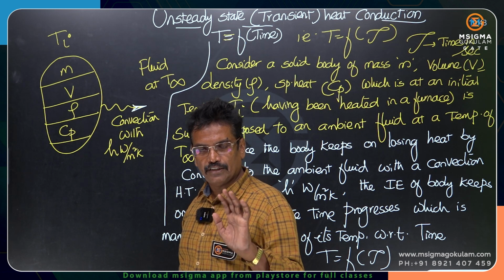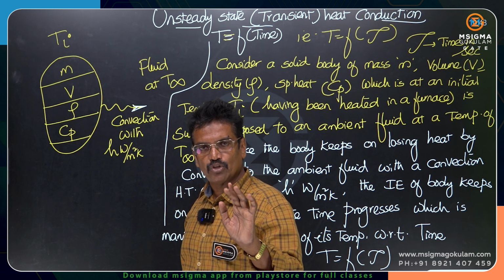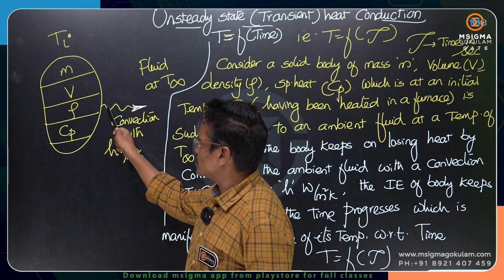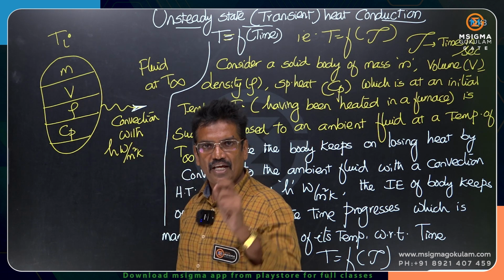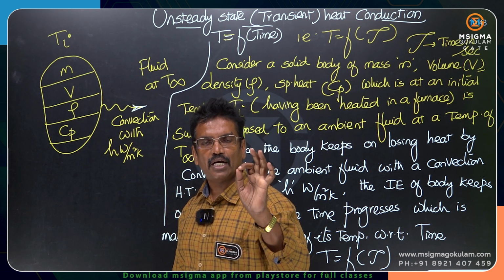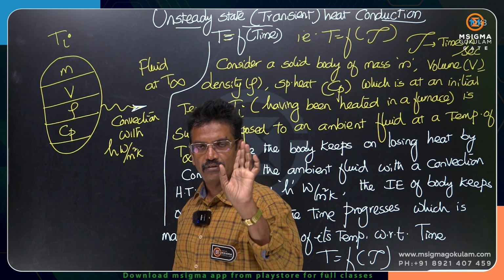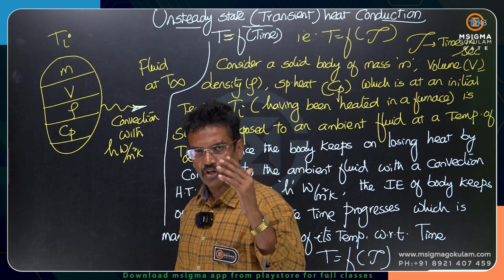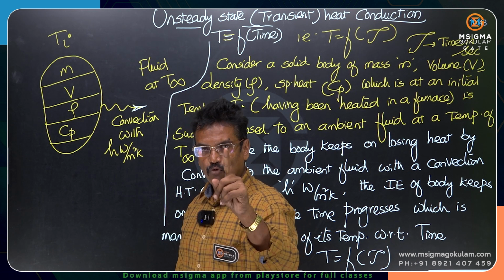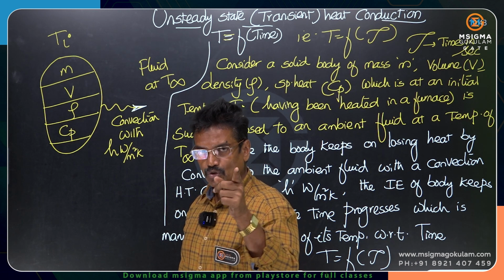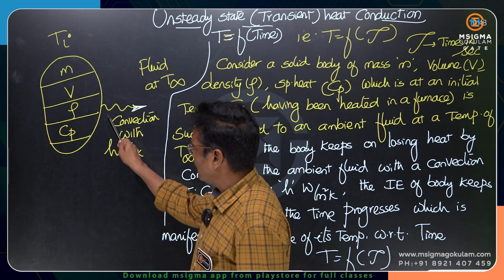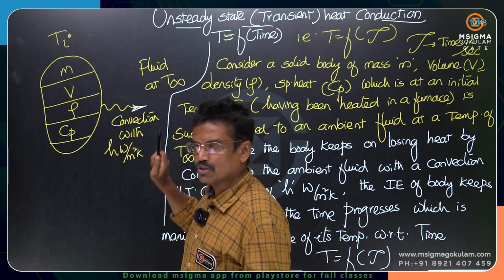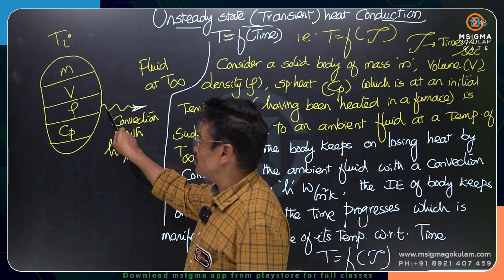Suppose that at some instant of time tau seconds, the rate of heat transfer between the body and the fluid is say 100 watts. That is, 100 joules of heat is convected from the surface of the body to the fluid in 1 second.